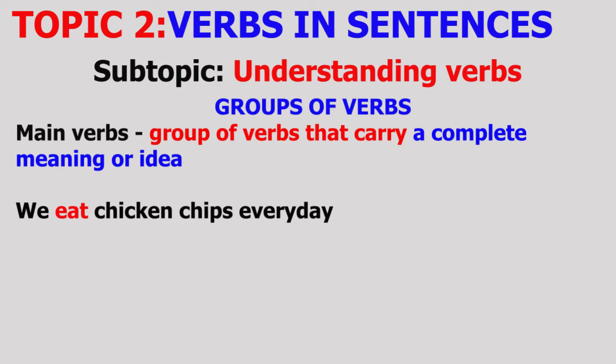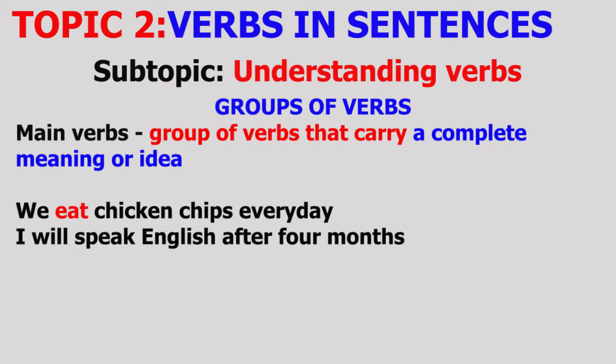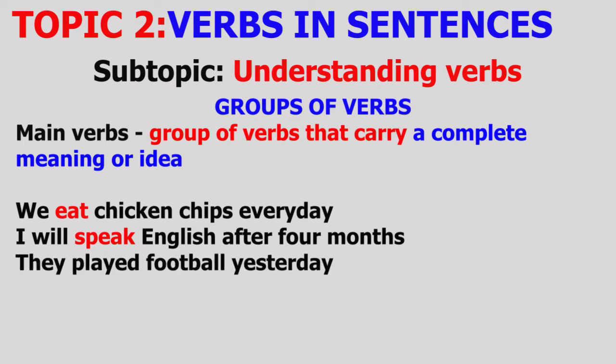Or you can take another example from the second sentence. It says, I will speak English after 4 months. In this sentence, speak is a main verb, because it carries a complete meaning. Or they played football yesterday. In this sentence, played is also a main verb.